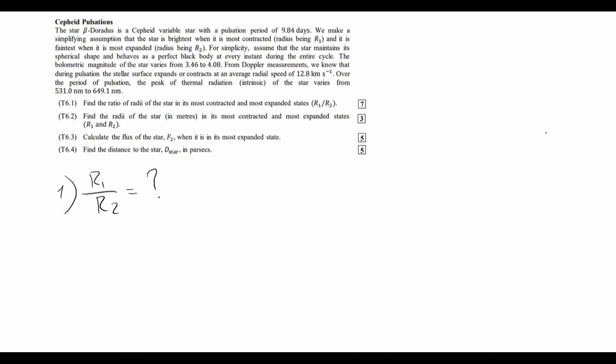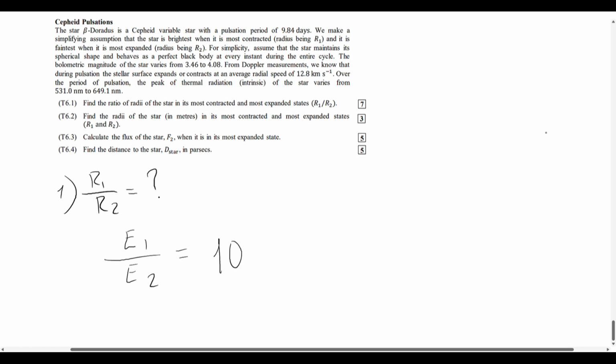So, first things first, we have to find the flux ratio. So we can write it this way. E1 over E2 equals 10 to the power of negative 0.4 times (M1 minus M2).